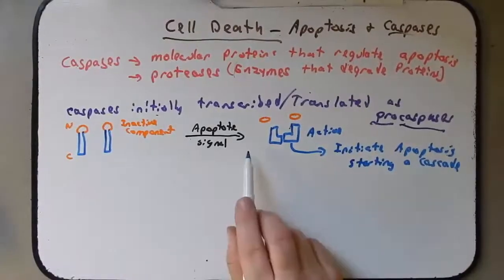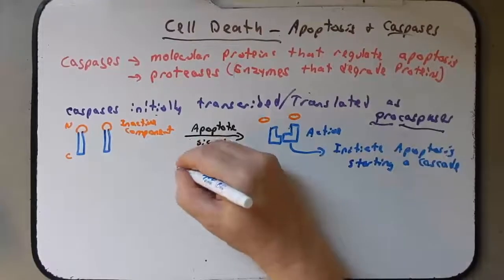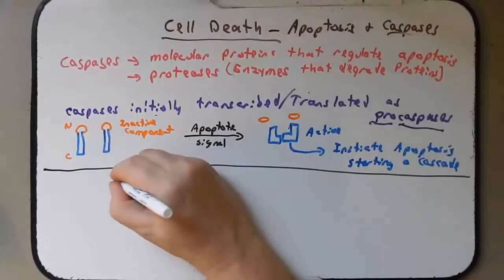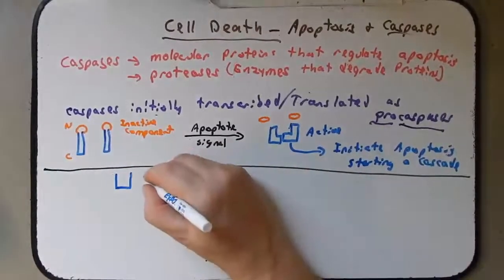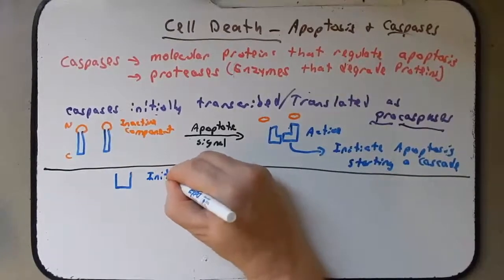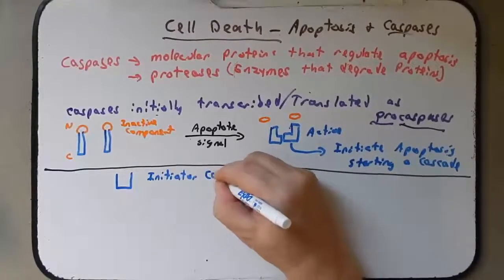So this whole process of activating the initial caspase is highly regulated. And so what will happen then is this initial caspase, like this, we're going to call this an initiator caspase. That's always the first one that's initiated. So they've cleverly named it initiator caspase.